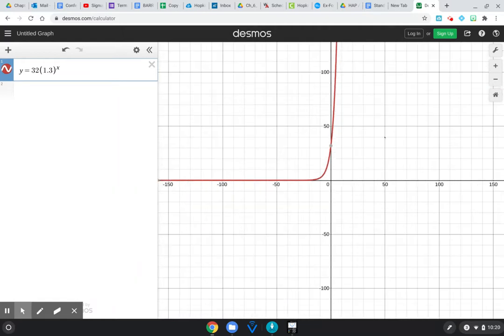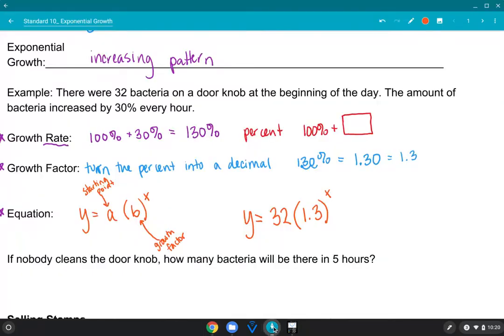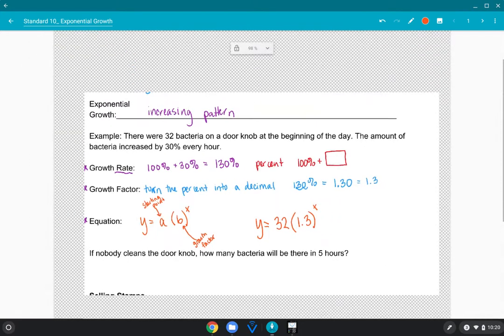So at 0 in the morning, it was 32 bacteria. And look what happens. Holy cow. It increases so fast. This is crazy exponential growth. I really hope somebody goes ahead and wipes that doorknob because that's disgusting.